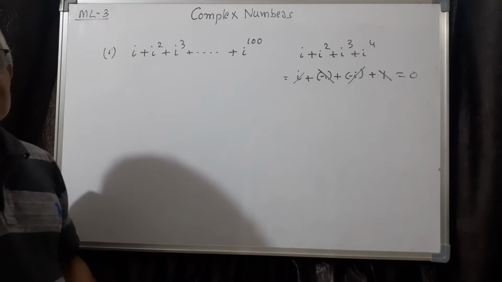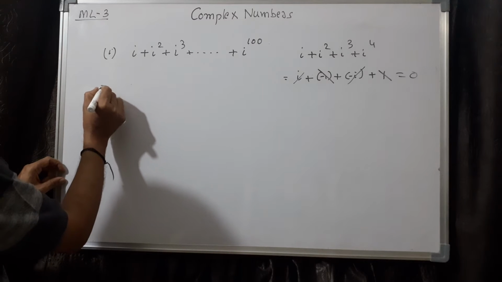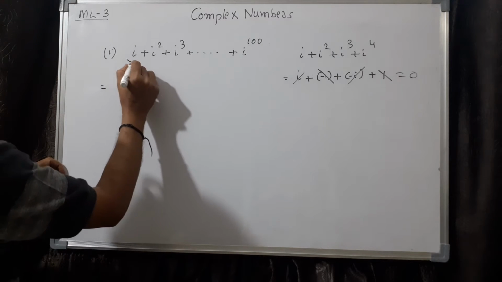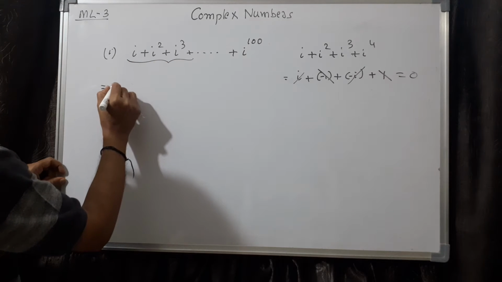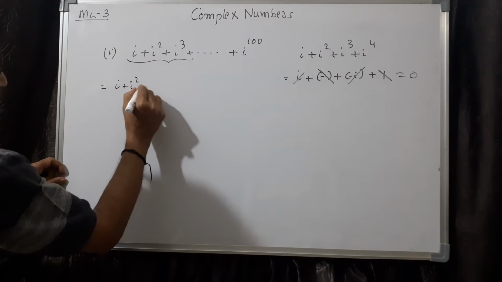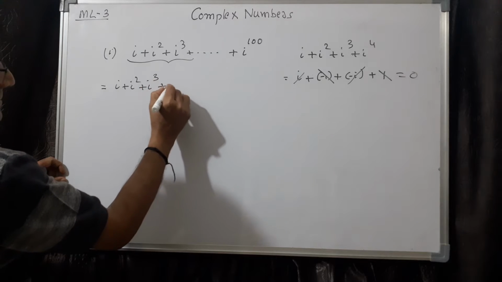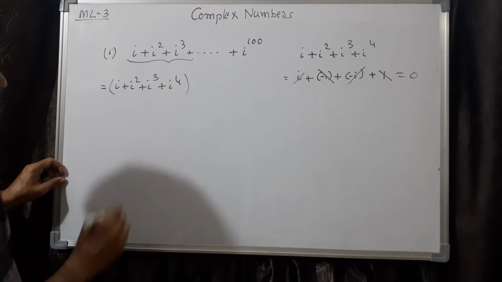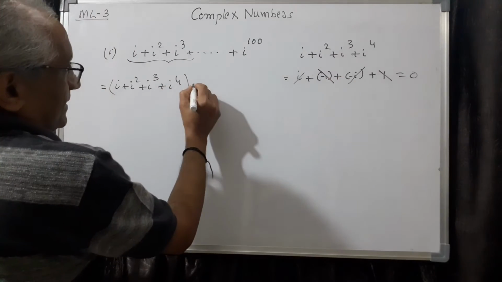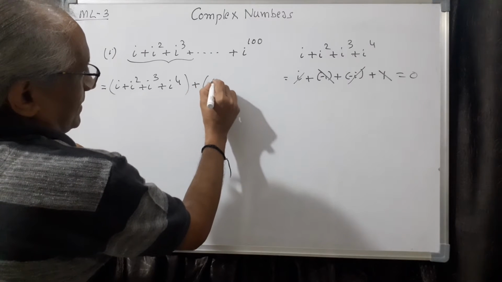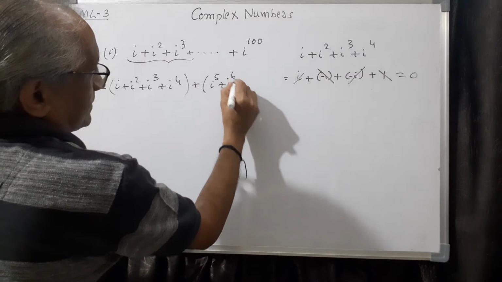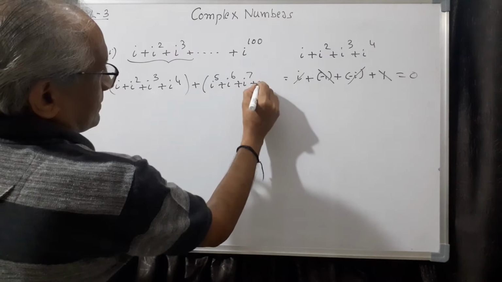This is also 0, because here what we can do is combine the first 4. So this is i plus i square plus i cube plus i power 4, which is 1 unit, and this is 0. The next unit is i5, i6, i7, i8.